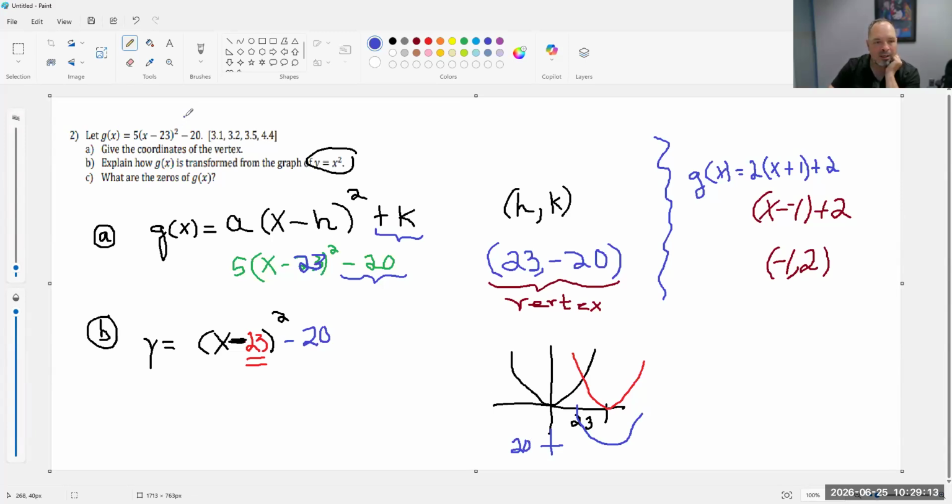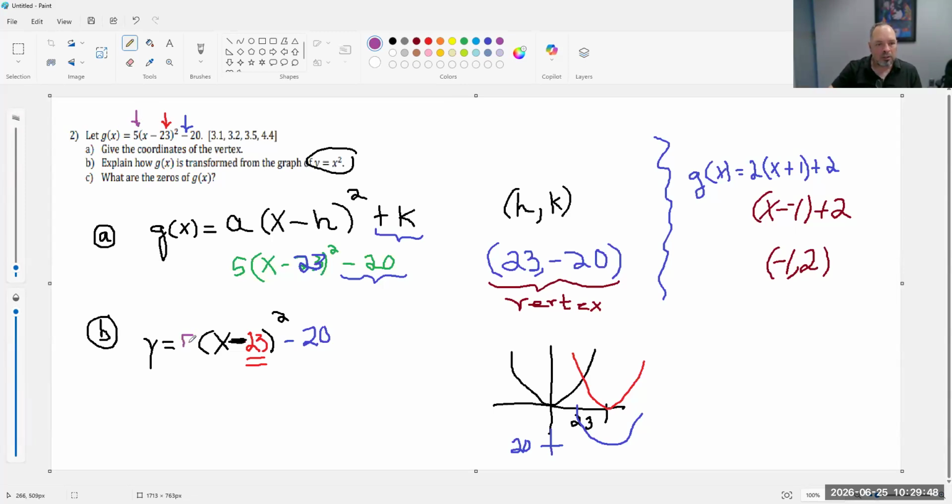This minus sign actually does indicate down, whereas this 23 indicates right. So that's one of the things that if you haven't already grasped that you need to go back and take a look at.